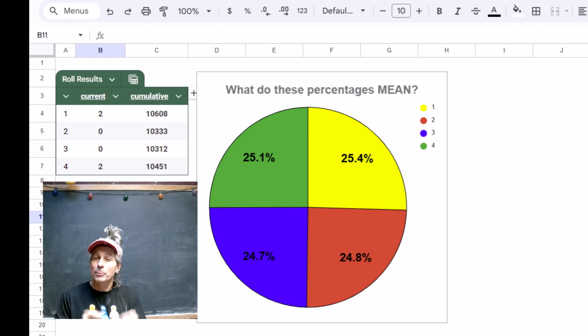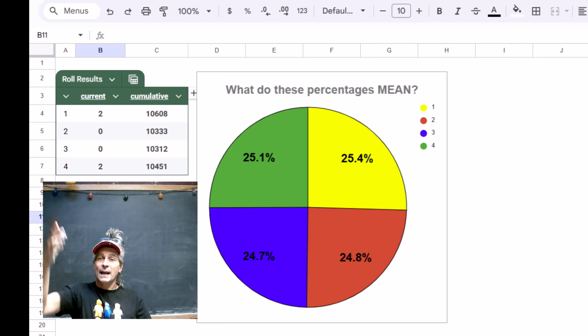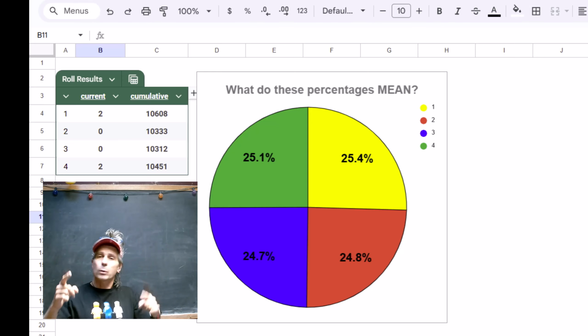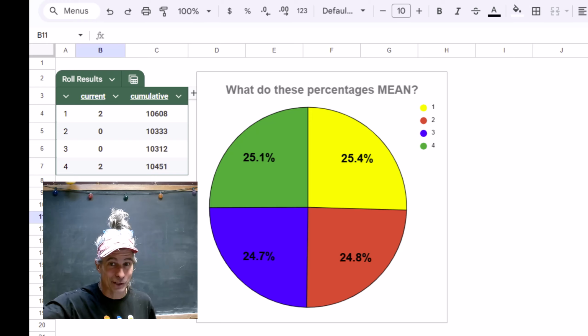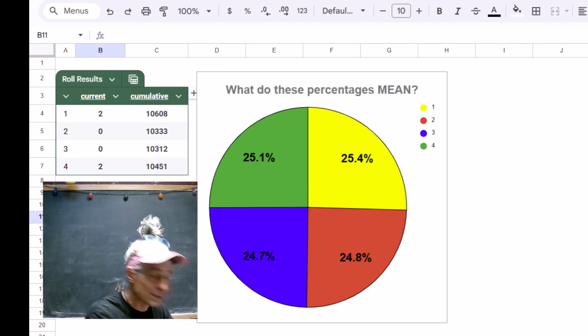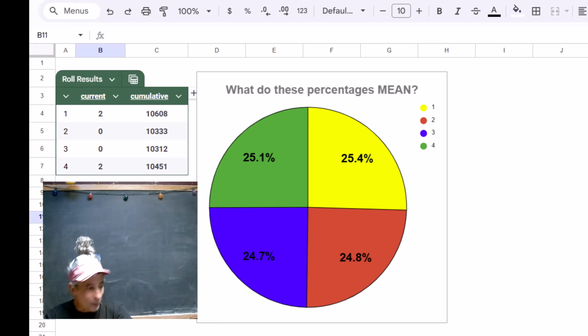They think that random numbers mean things like when there's a 1 in 4 chance, every 4 times you're going to get one of each thing. Well, that's not what it means. It means, well, what does it mean? It means that over a long number of trials, 25% of the results are going to be 1s, and 25% of the results are going to be 2s, and 25% of the results are going to be 3s, and 25% of the results are going to be 4s.